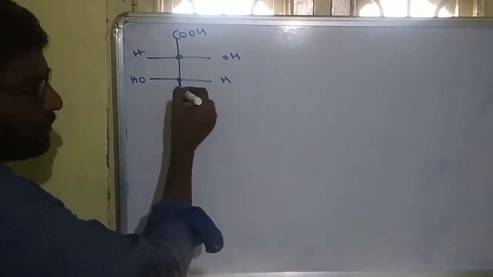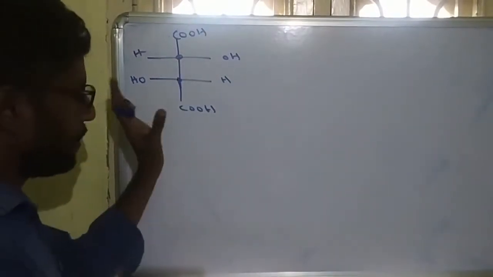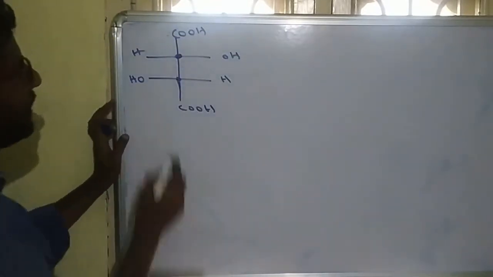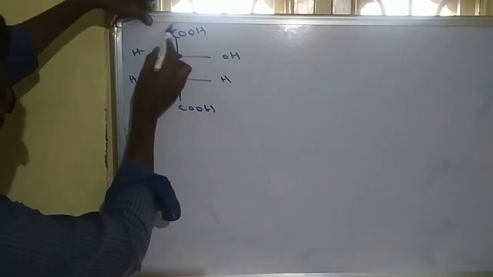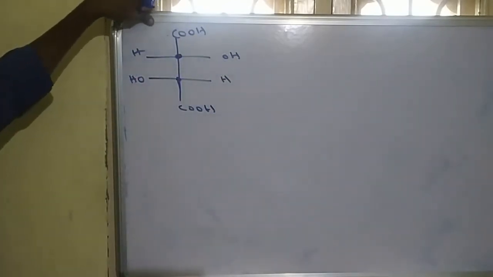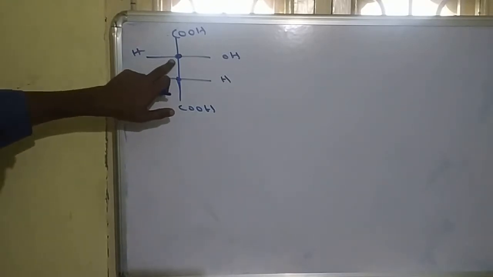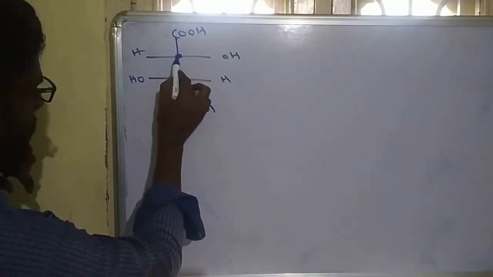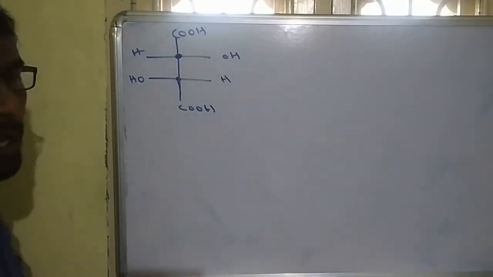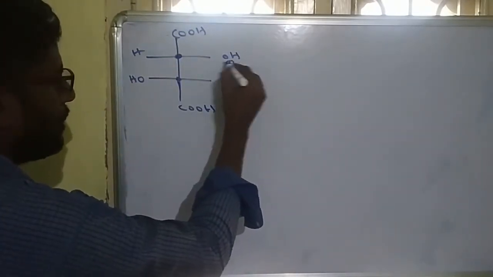Even if one or more are present, the configuration is checked as usual. First we will see this carbon. On this carbon, the CHO group, OH group, H, and this other group are present. Now we have to identify the configuration of this carbon. It is attached to carbon, hydrogen, oxygen, so oxygen should be the highest atomic number, so this should be 1.